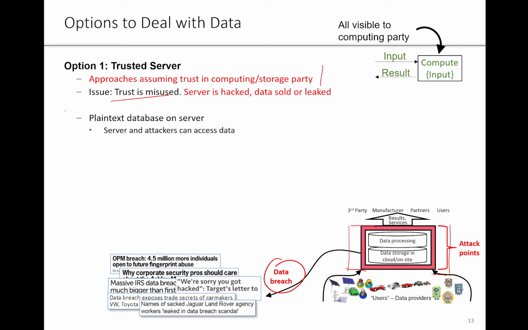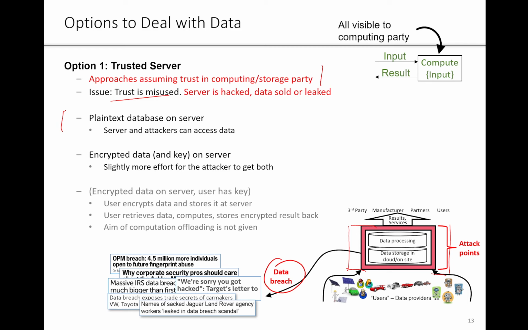So the problem is that if we have the data in plain text on the server, then obviously the server can be hacked. Let's say we encrypt the data on the server. Let's say we make it a little bit more complex. So this is the data. It's not anymore available. So A and B are not just lying around, but there's some encryption key that needs to be used before computation.